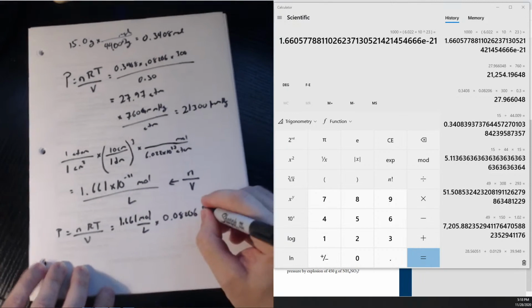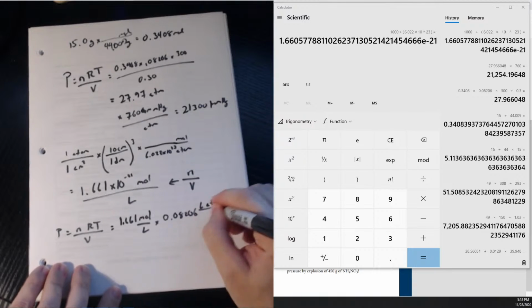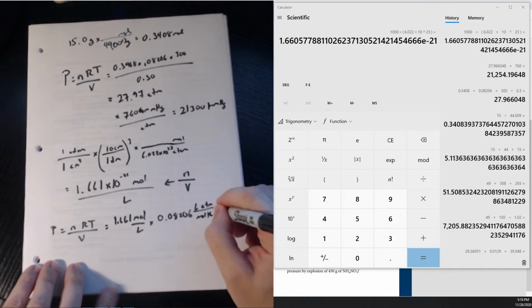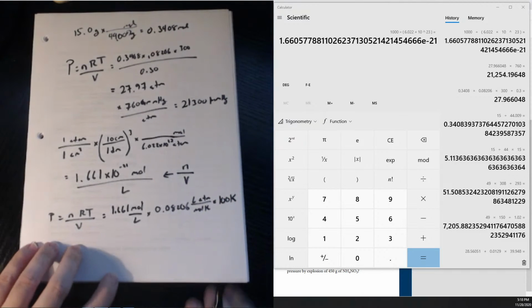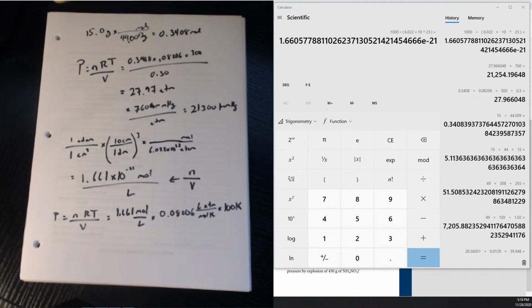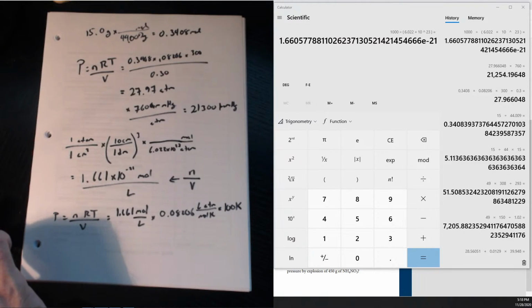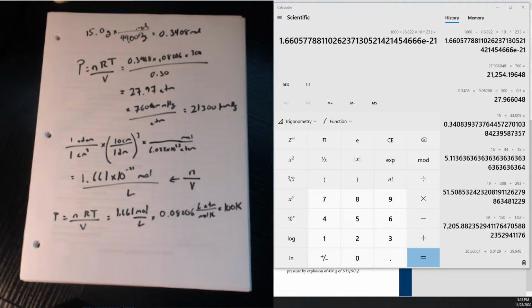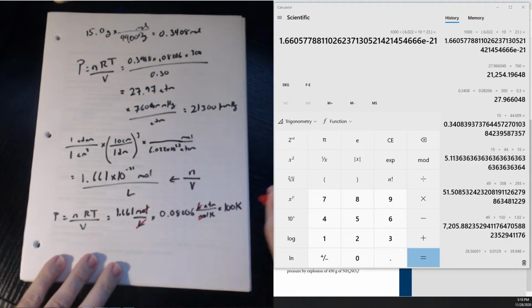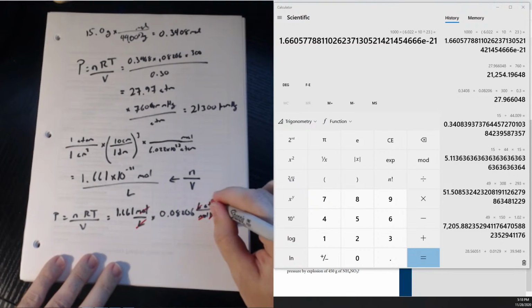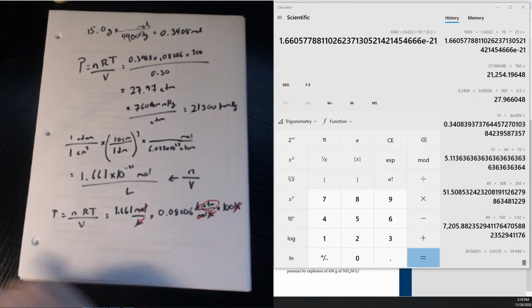Using R in liter atmospheres per mole Kelvin times 100 Kelvin, did they say 100? Problem 54, yes. When we do this, moles cancel, liters cancel, and Kelvin cancels, leaving us with atmospheres.